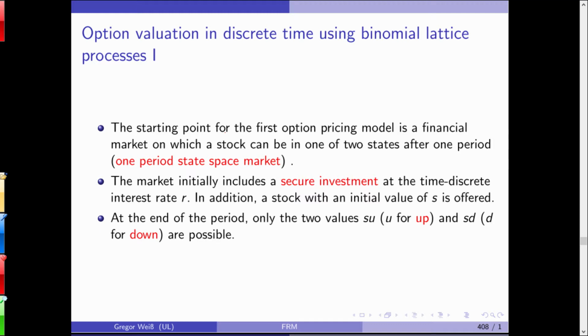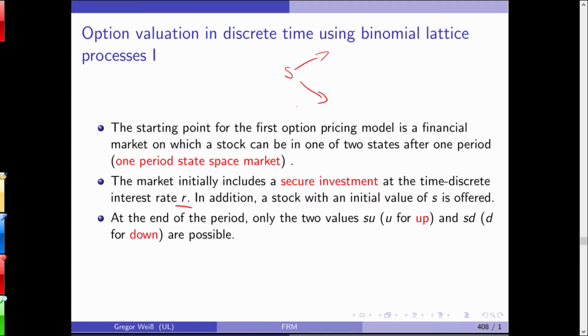The starting point is a financial market on which a stock can be in one of two states. It's a two-state space. The initial market includes a secure risk-free investment at the discrete-time interest rate R. In addition, we have a stock with an initial value of S. So S is here, and as you can imagine, there are now two possibilities: S goes up or S goes down.